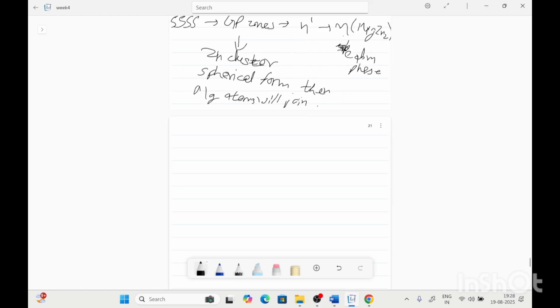So after the spherical shape, the eta prime precipitate are the plate shape. With continued aging, the diameter of this plate further increases with aging.